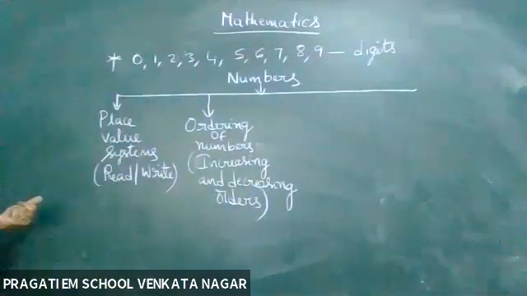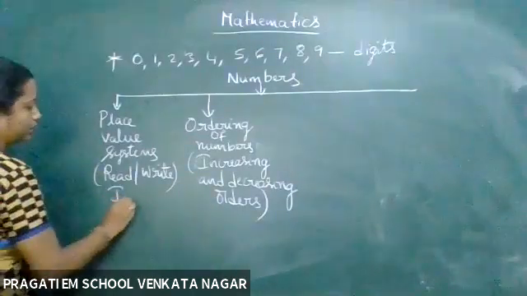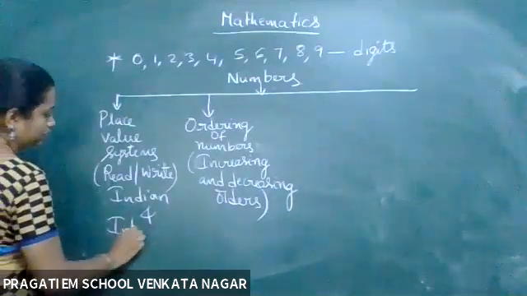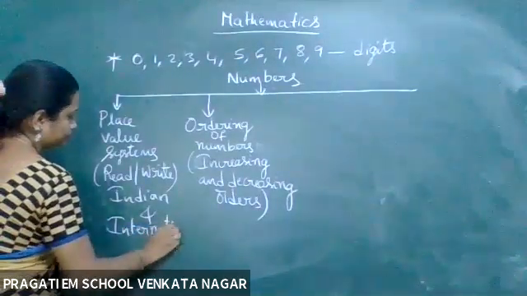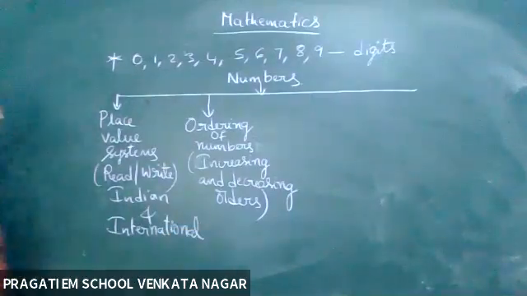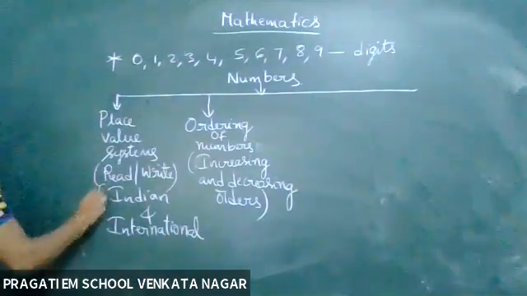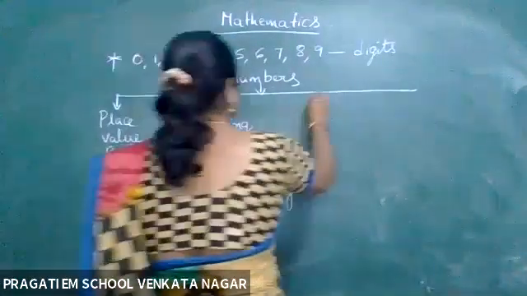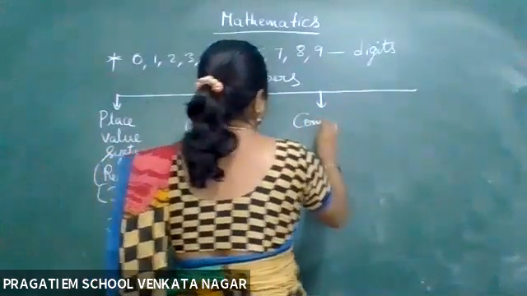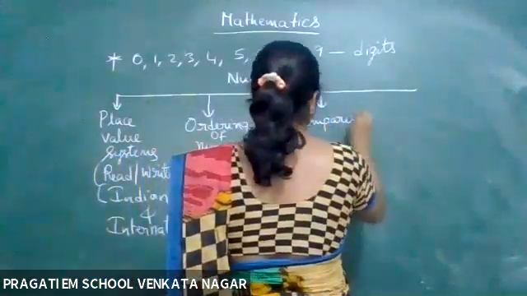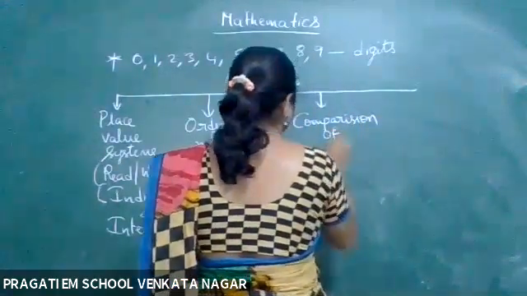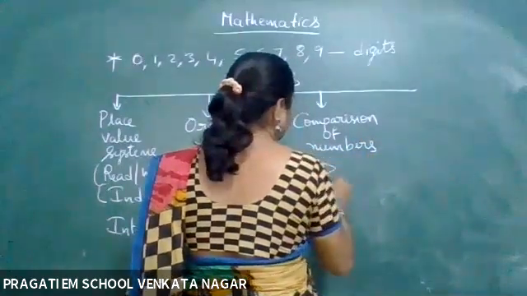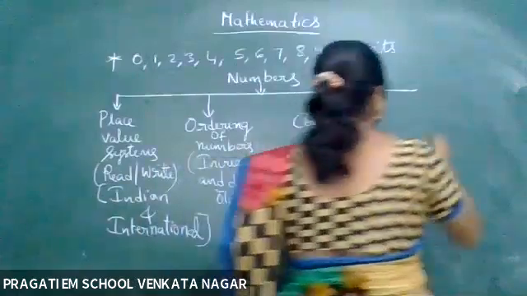And place value systems, in which you are going to learn Indian and also international systems. Next you have comparison of numbers, in which you are going to learn greater than, less than and equal to.